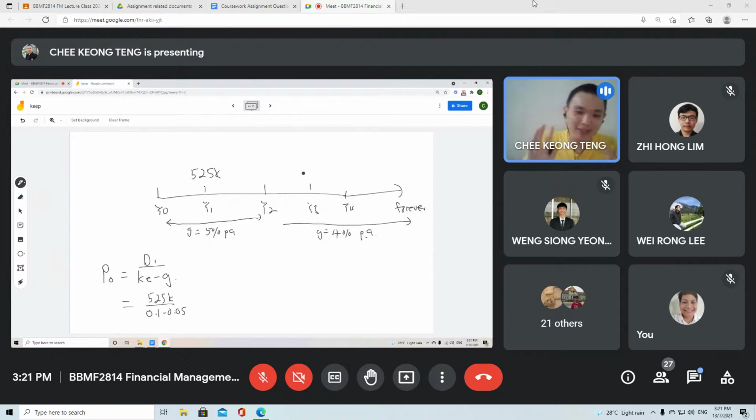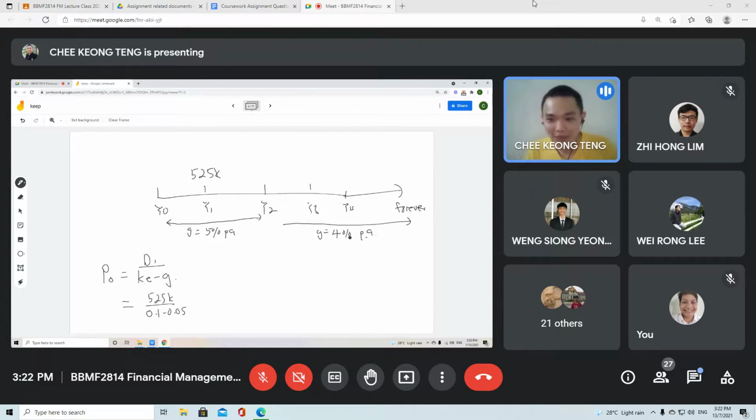Because the problem here is what? When you're applying this formula, you must make sure that the growth rate continues to grow at this rate until forever. But when you look at this timeline, can you see something's wrong here? Yes. This growth rate is only 5% per annum, only 2 years.